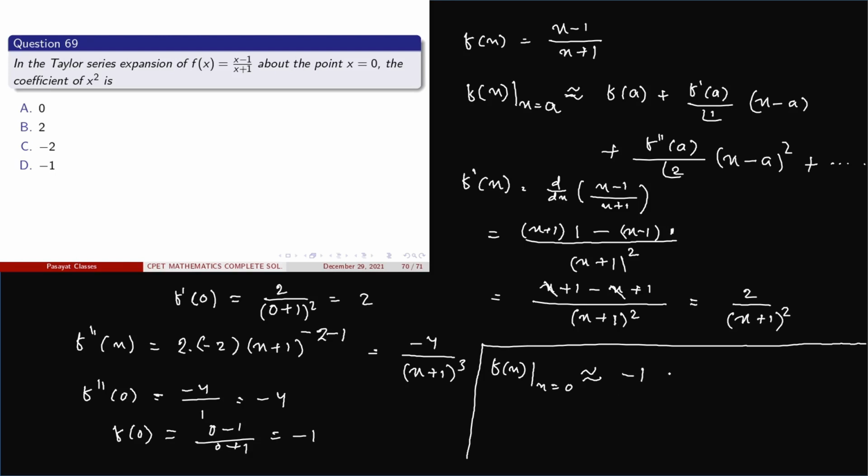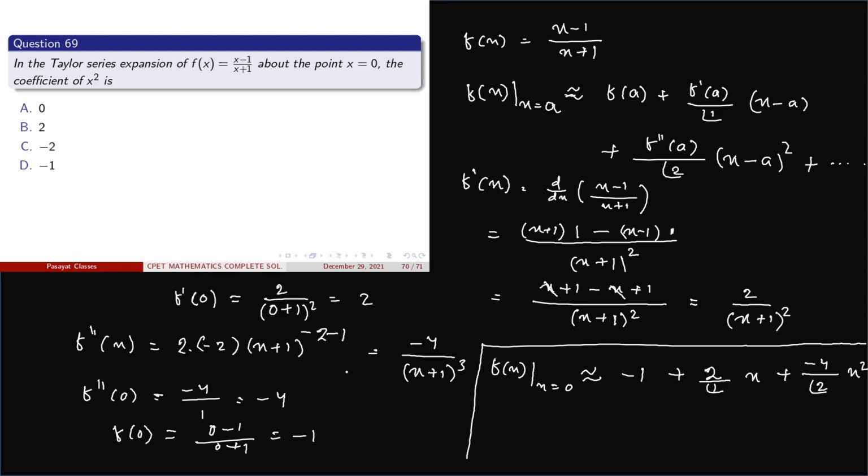So minus 1, then plus f dash of 0, whose value is 2 by 1 factorial into x minus 0, that is x, plus f double dash of 0, whose value is minus 4 divided by 2 factorial into x minus 0 whole square, that is x square.